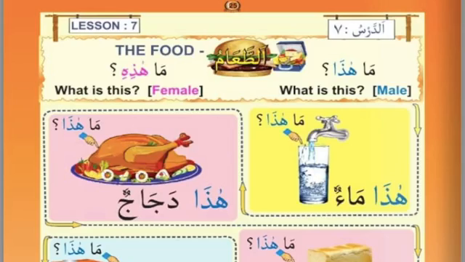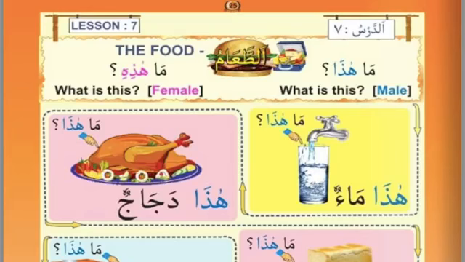As-sabi'u, 7th. If you say sab'atun, it means number 7. If you say as-sabi'u, it means the 7th. Ad-darsu, lesson 7. Alright, the topic is about the food.